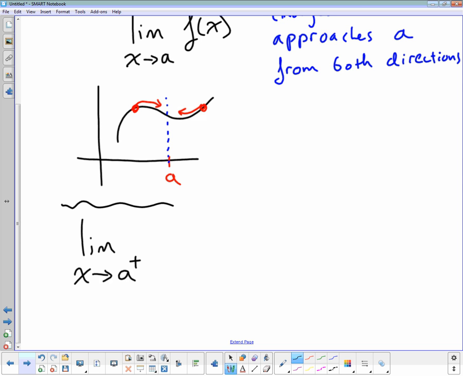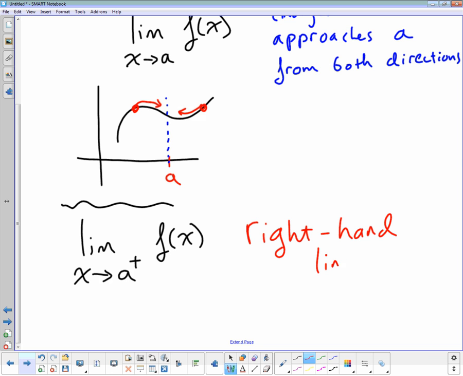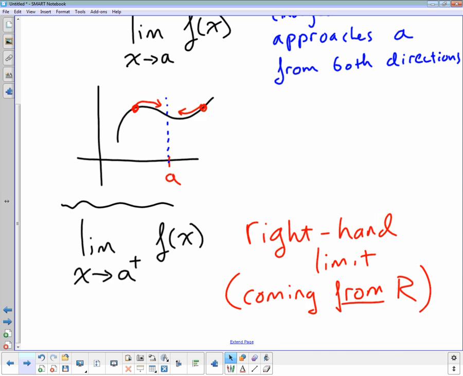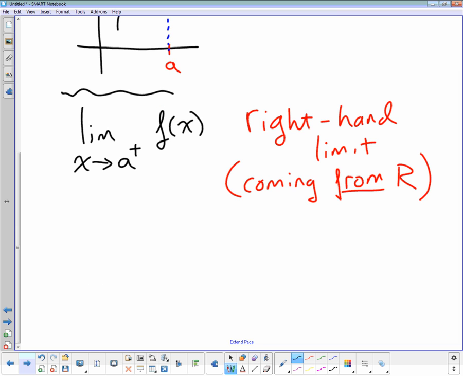You're actually moving from the right towards the point in question. This is a right-hand limit, where you're coming from the right. And obviously the minus sign is the left-hand limit.